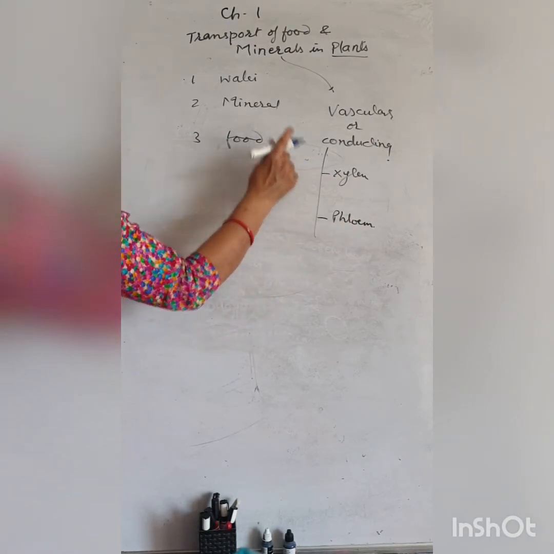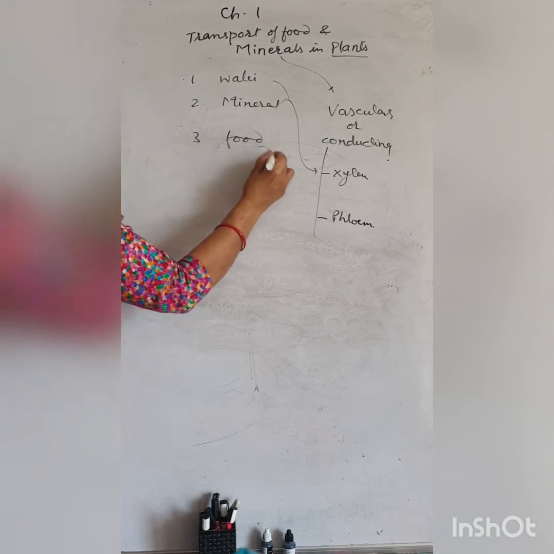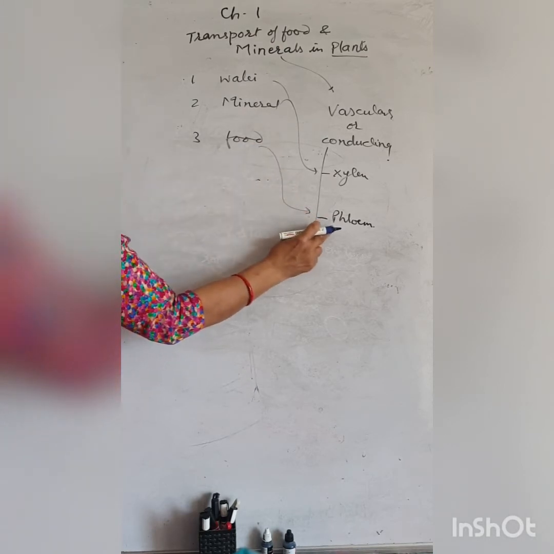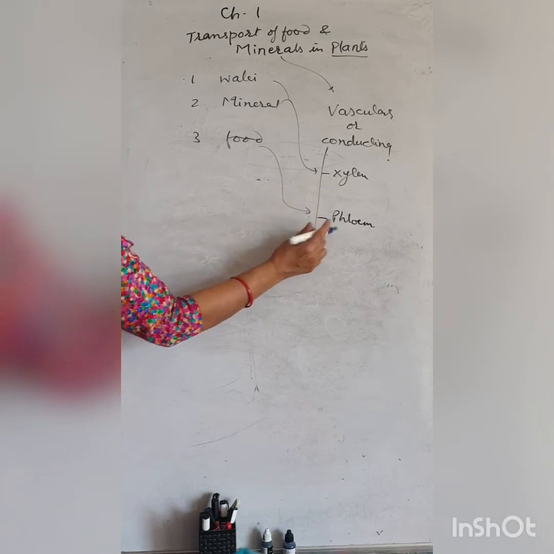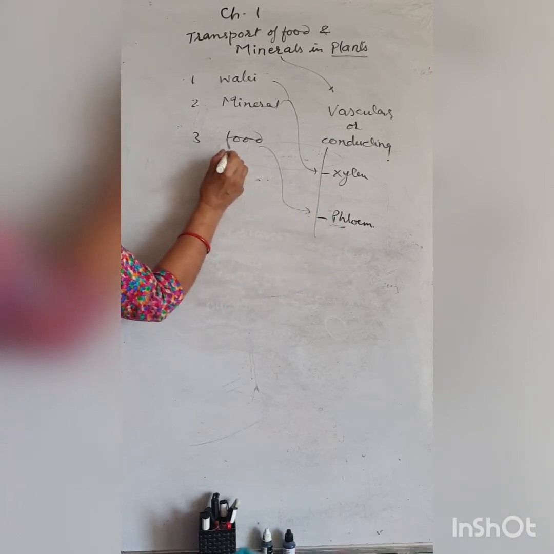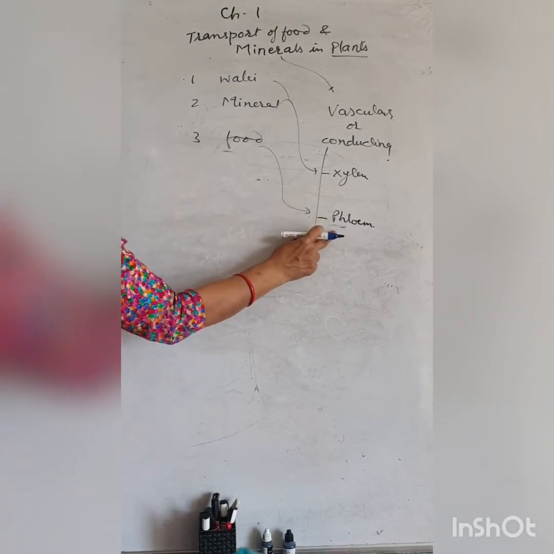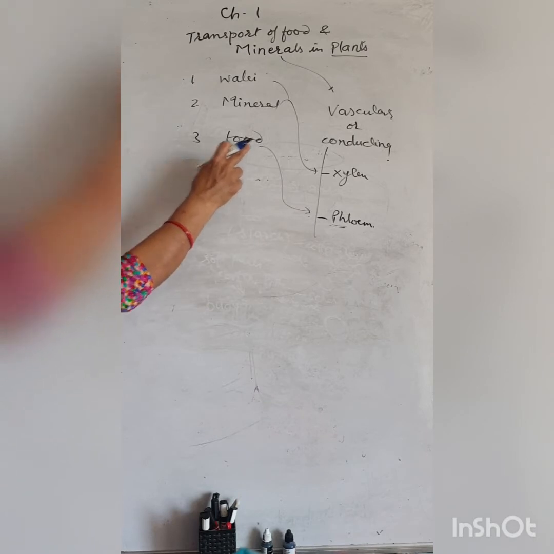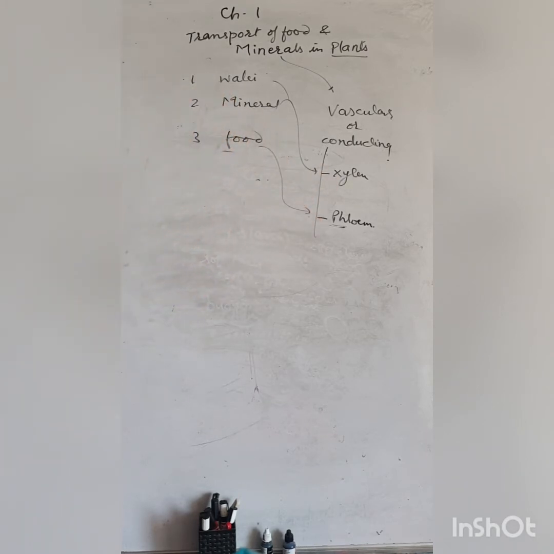The xylem conducts water and minerals. Food is conducted through the phloem. Don't get confused between xylem and phloem, the word is similar. The phloem conducts food and the xylem conducts water and minerals.